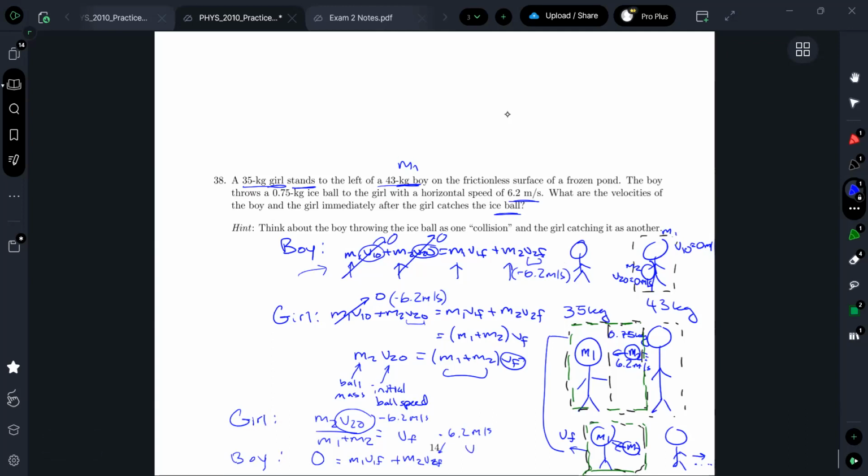And so we can find his final speed, V1F, as I solve this for V1F, I get negative M2 V2F over M1. Which looks good to me because I'm expecting the boy's velocity to be positive to the right. And this is going to give me a positive answer because V2F is negative. It's negative 6.2, so a negative will get plus, or to the right. Okay, so that is how I'm going to get my two answers.